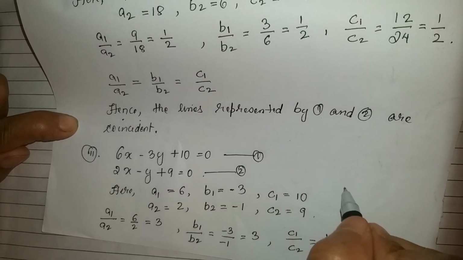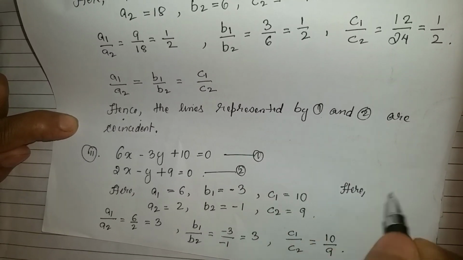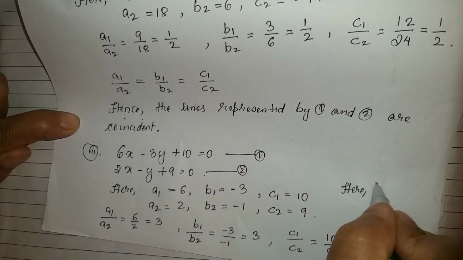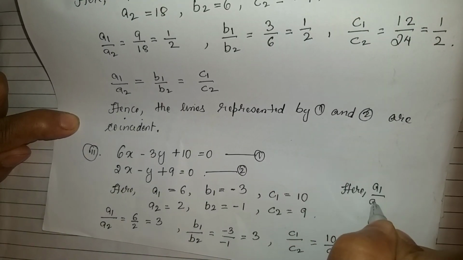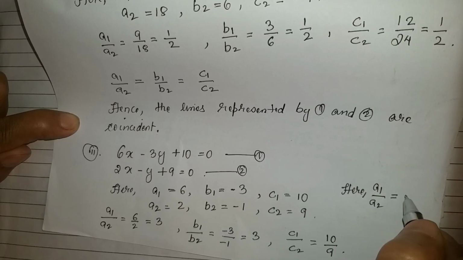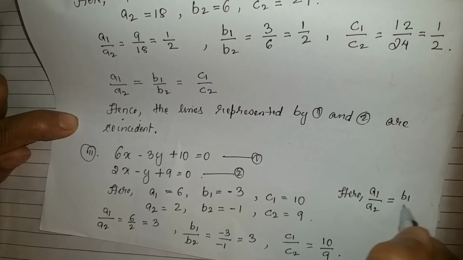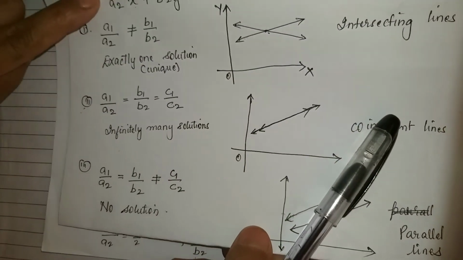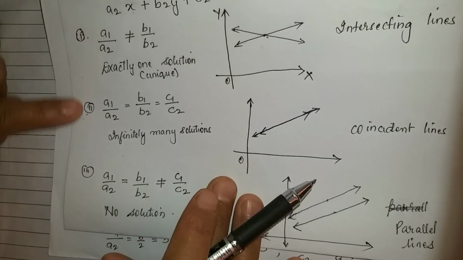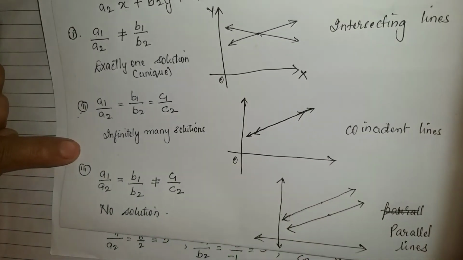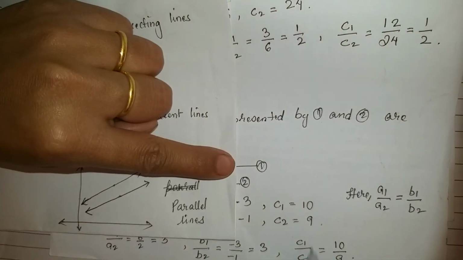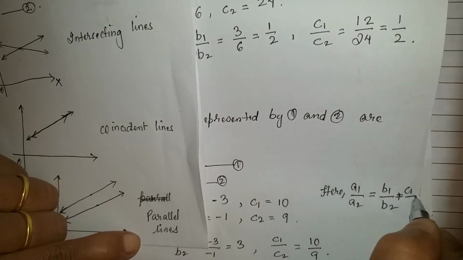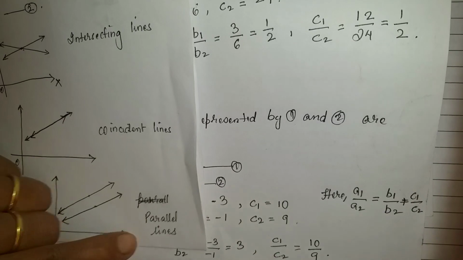So here, in this case, our a1 by a2 is equal to b1 by b2, and it is not equal to c1 by c2.